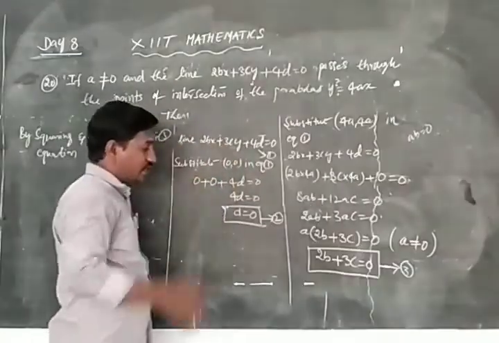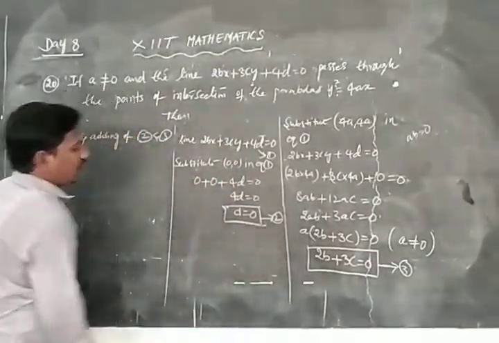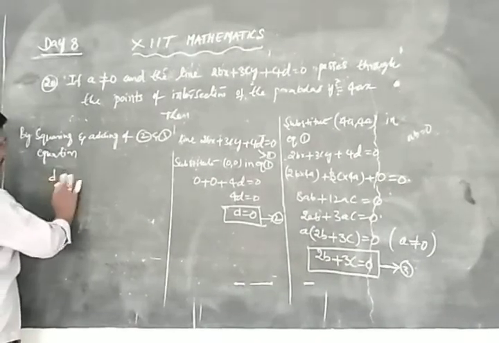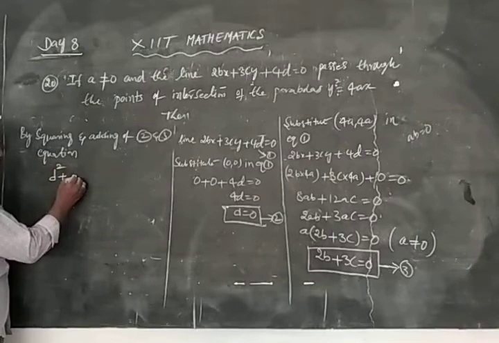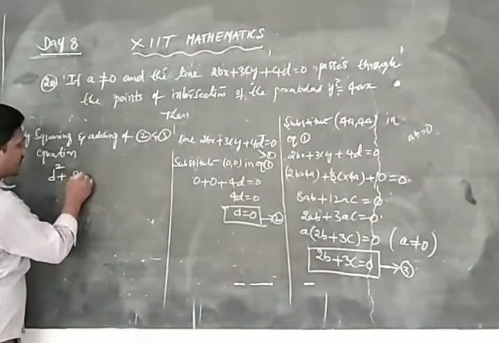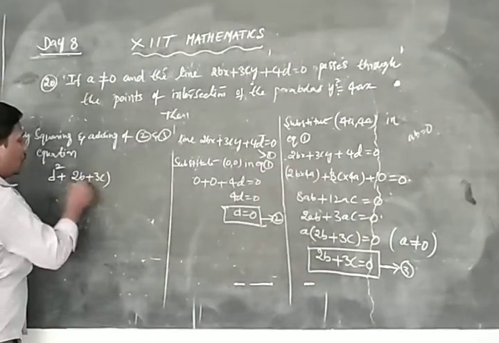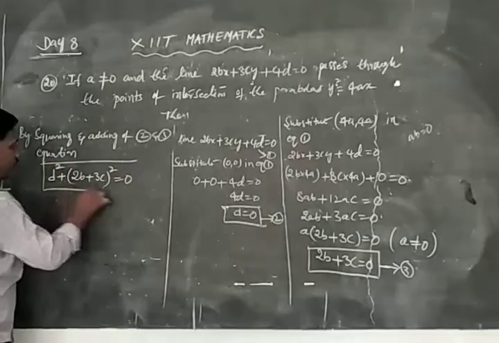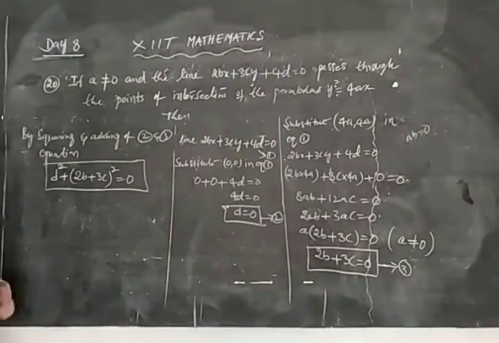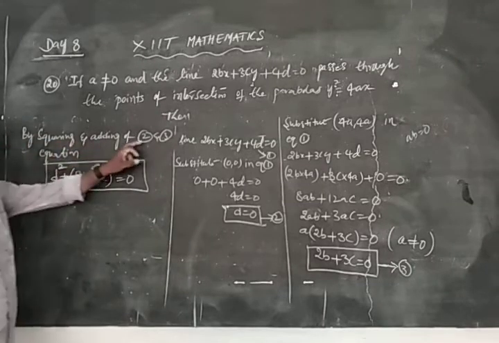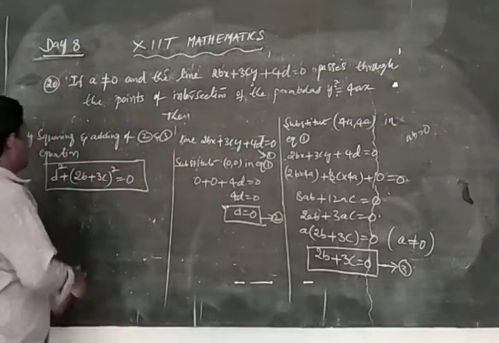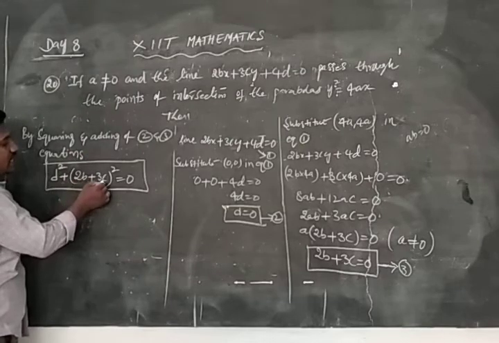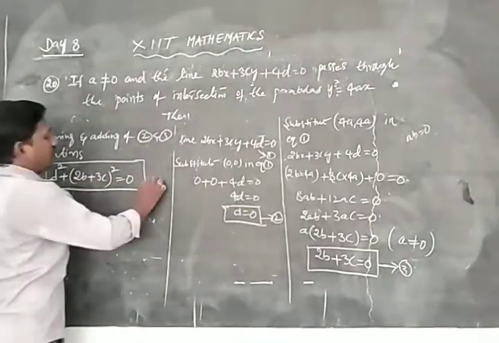What is the third equation? 2b plus 3c equal to 0. That means d square plus 2b plus 3c whole square equal to 0. So by squaring and adding of 2 and 3 equations, we got d square plus 2b plus 3c whole square equal to 0. So we got the answer.